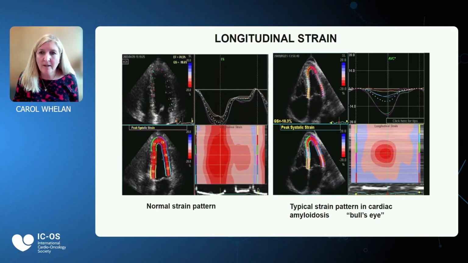But on the right-hand side of the screen, we can see that there is this bullseye appearance because of apical sparing. So the apical function is normal, but the longitudinal or basal function is impaired, causing the global strain to be half of what it should be. It should be around -20%, and in this patient, it is only -10%. And this is a typical strain pattern of cardiac amyloidosis. Other conditions don't give this appearance.